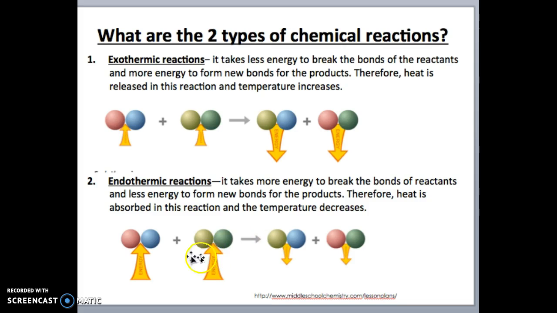And therefore, overall total, more energy is absorbed than released, and therefore the temperature decreases in an endothermic reaction. And in this diagram, it shows how the arrows are bigger in the reactants because it's supposed to represent how it takes more energy to break the bonds in between these reactant molecules than it does to form the bonds in the product molecules.